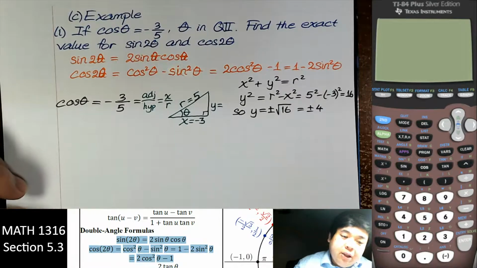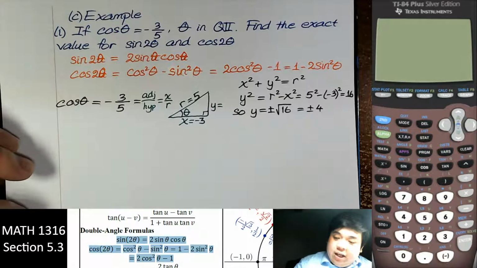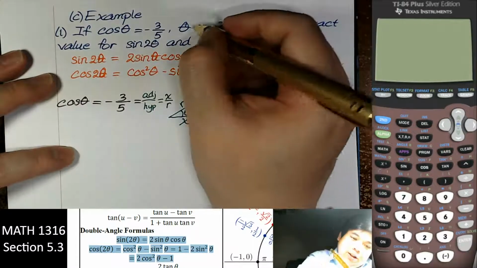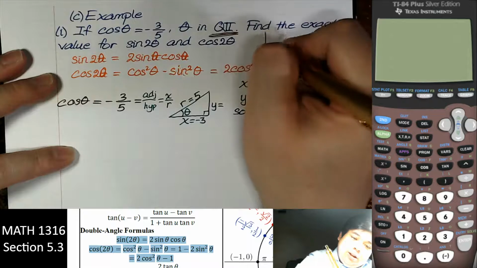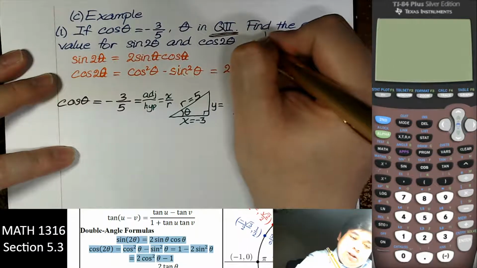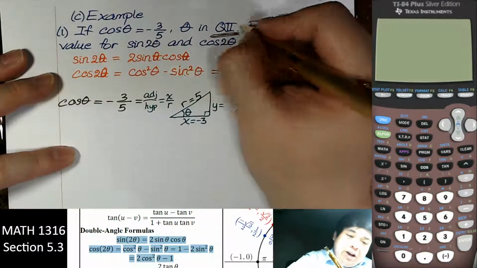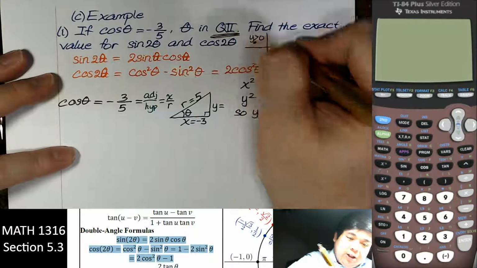We do have this in quadrant 2. In quadrant 2, y is above the x-axis, so y is positive.